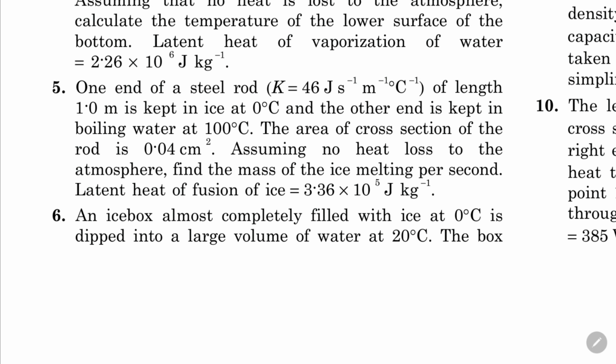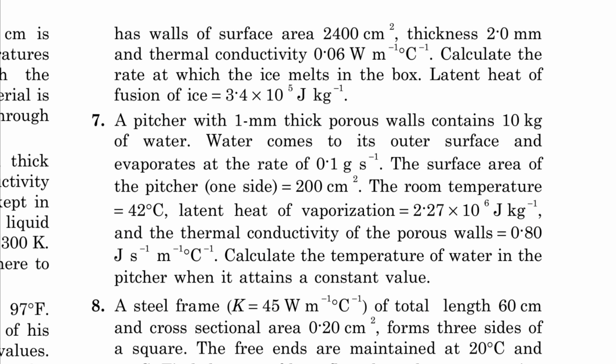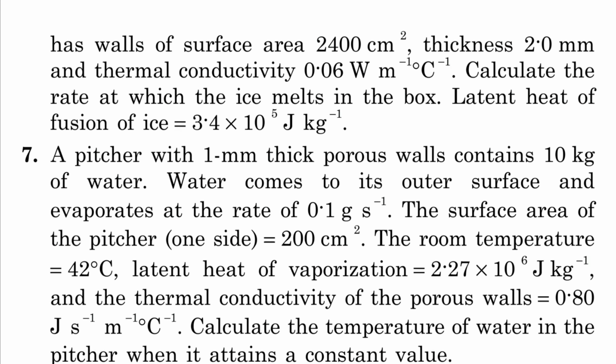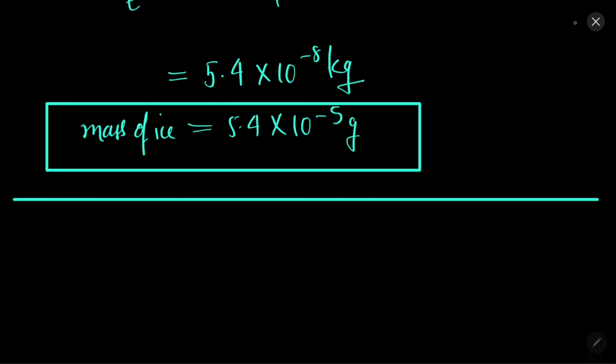In question 6, we have an ice box almost completely filled with ice at 0 degrees Celsius. It is dipped into a large volume of water at 20 degrees Celsius. Now this box has walls of surface area 2400 centimeters square. Thickness is given, thermal conductivity is given. We need to calculate the rate at which the ice melts in the box.